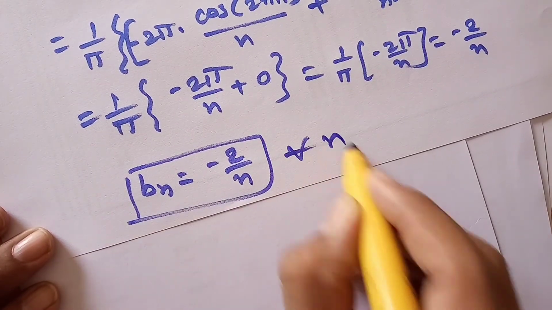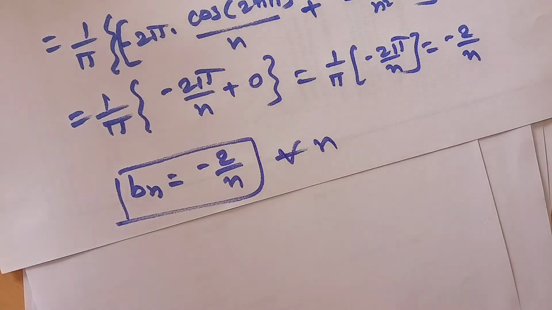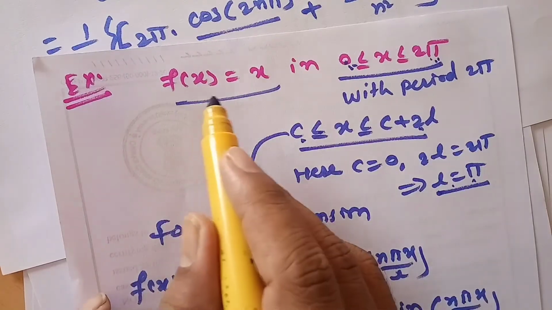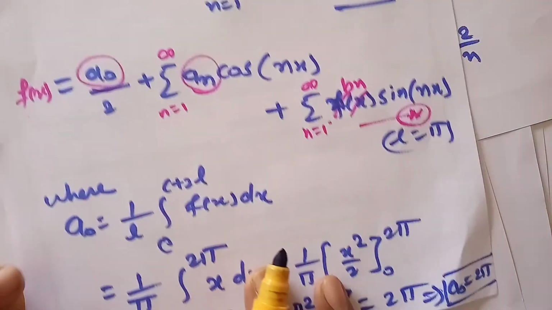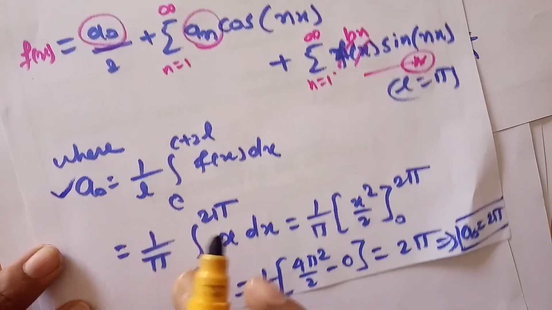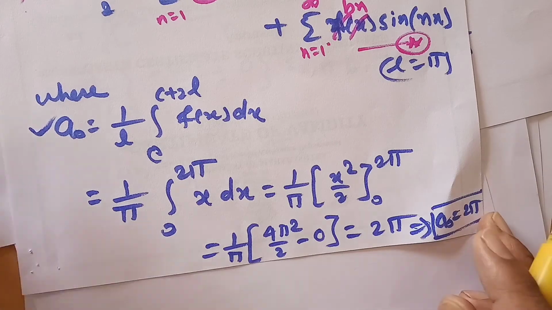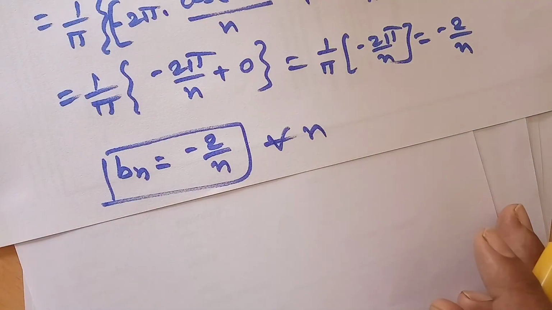This holds for all n. We have calculated everything: a0. This is our problem. We have to solve this problem. For that we have taken the Fourier series. This is our Fourier series. We have to calculate a0, and a0 is 2 pi. And we have to calculate an.